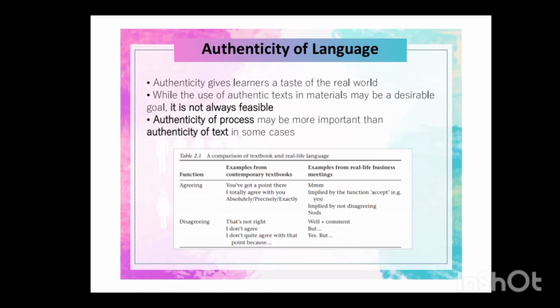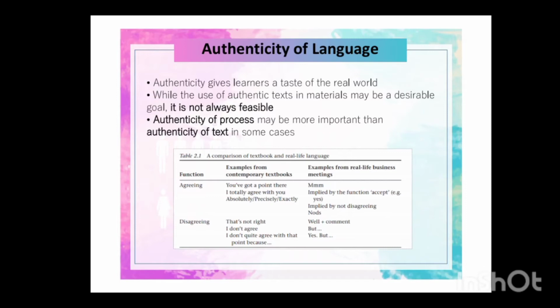For example, if we are going to use authentic materials for listening activities for our students, sometimes those authentic materials are too difficult, so we have to edit them, or we have to find audio or video that is really related to our course, to our activities, to our requirements. So yeah, sometimes we cannot fulfill this goal, we cannot use authentic text.